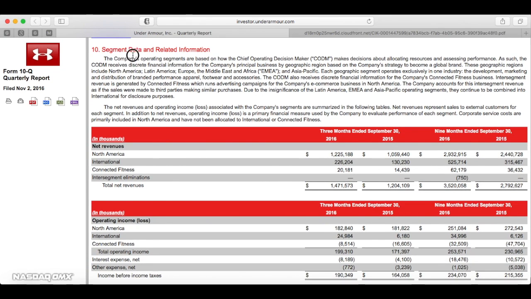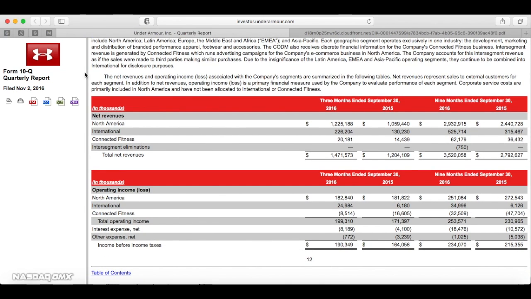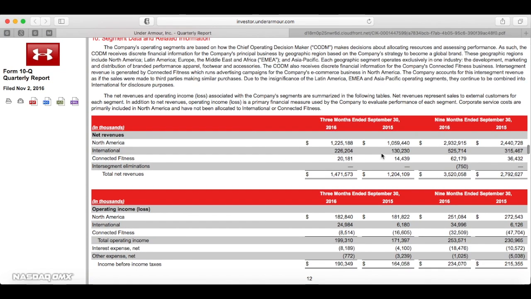Next thing, segment data. Now this is really important in 10Qs. This is the advantage 10Qs give you over 10Ks, which are the annual reports. Annual reports might have this on an annualized basis, but what I really like is a month-to-month or a quarter-to-quarter basis with companies. Someone like Under Armour, I think really it's this international expansion you're looking at.